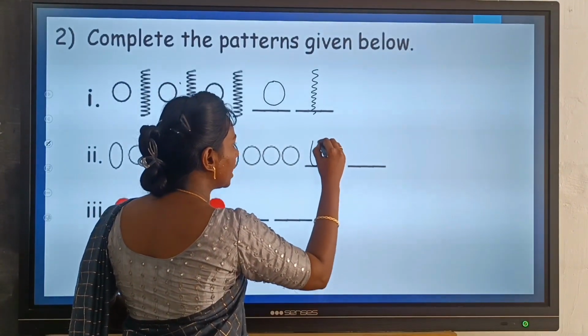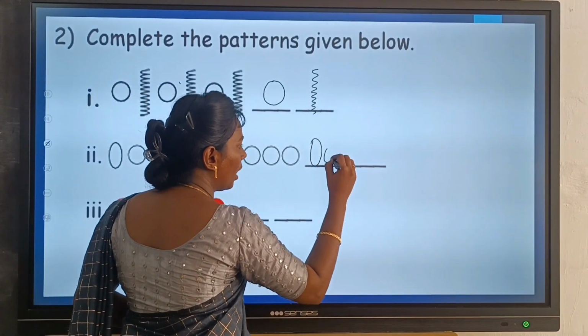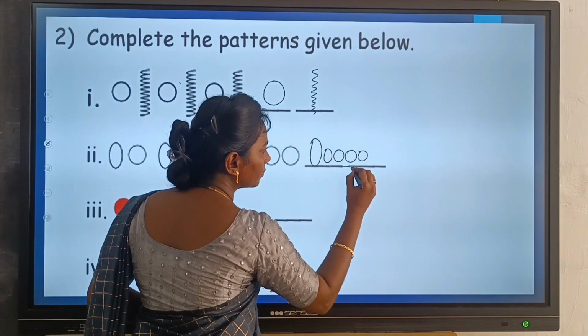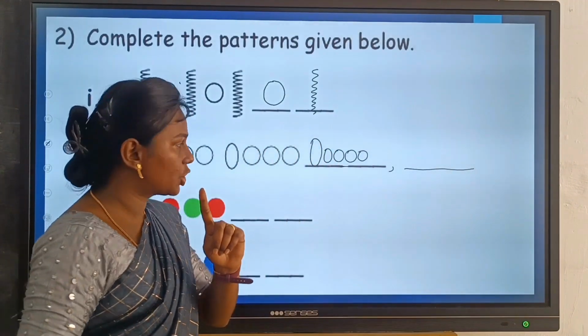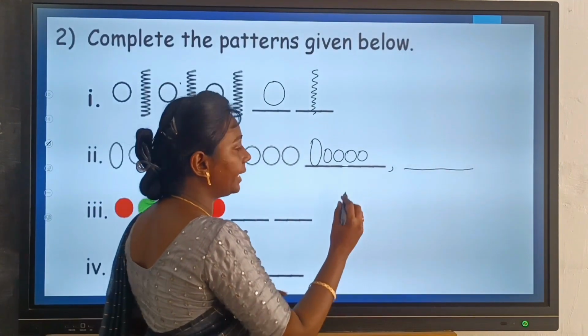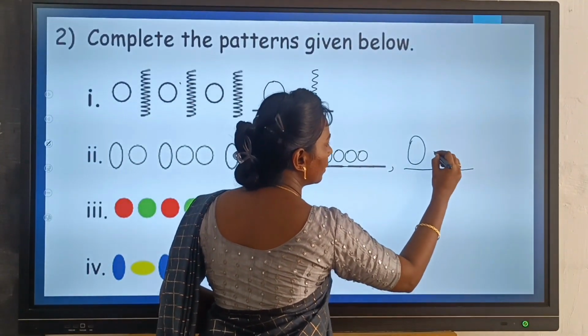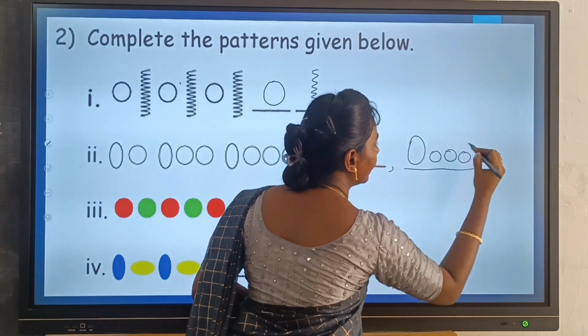One oval shape and four circle shapes. 1, 2, 3, 4. And next one oval shape and 5 circle shapes. 1, 2, 3, 4, 5.